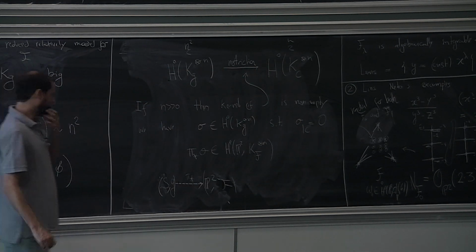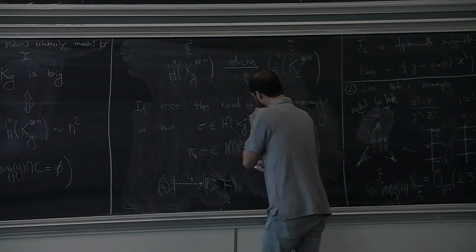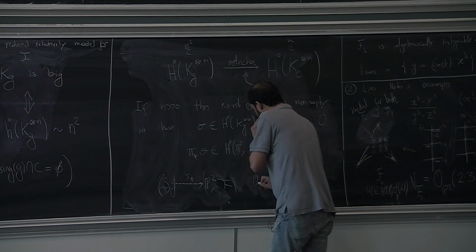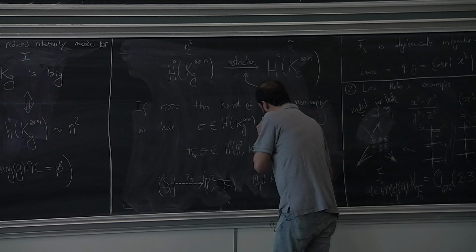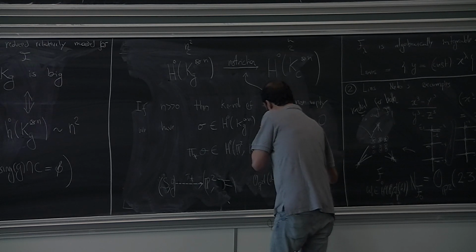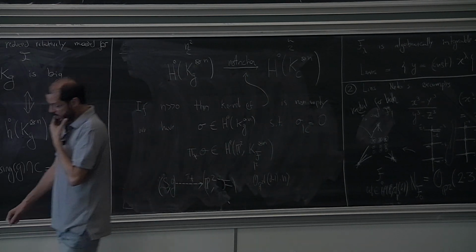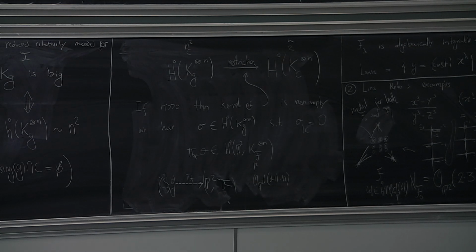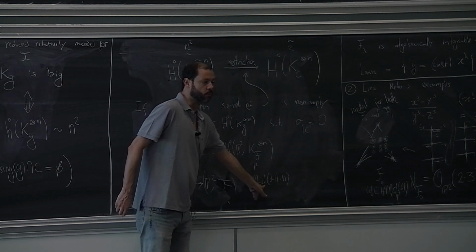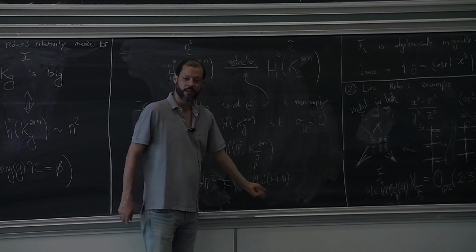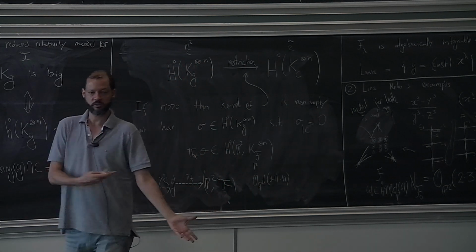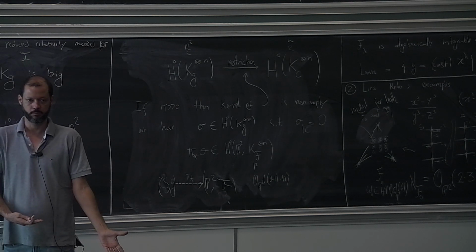But Kf tensor n is OP2(d minus 1) times n. So if we know n, then we have a polynomial of degree d minus 1 times n vanishing on C. So this is a bound for the degree of C. Okay?